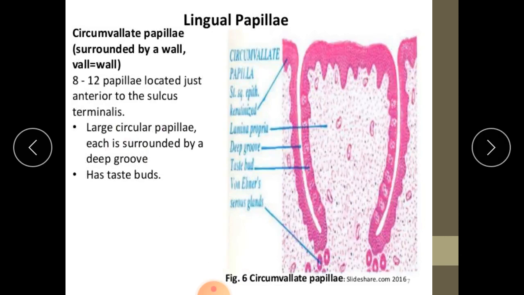Next is the circumvallate papilla. Circumvallate papillae are the largest lingual papillae, found sunken into the mucous membrane. There are 8 to 14 circumvallate papillae arranged in a V shape in front of the sulcus terminalis.